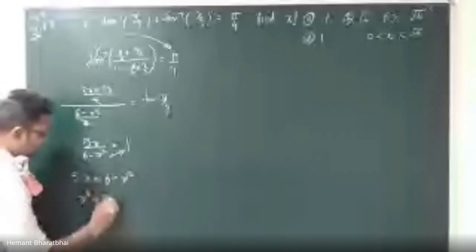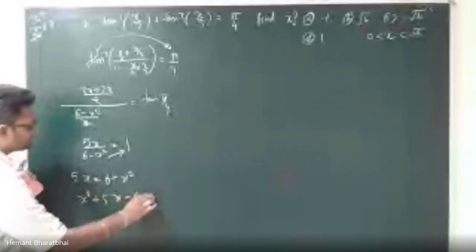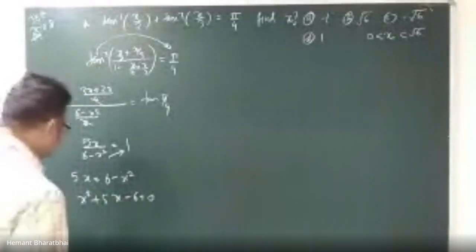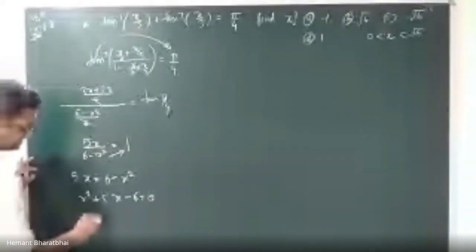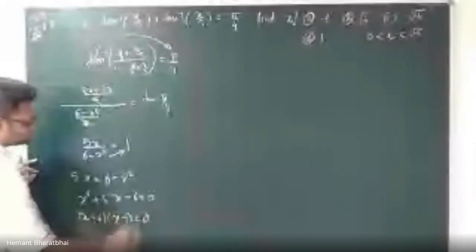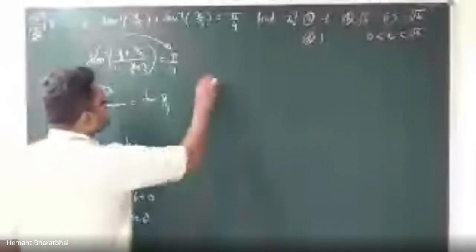So I take it over here. So I'll get x square plus 5x minus 6 is equal to 0. So 6 1 6. The factors will be x plus 6 into x minus 1 is equal to 0.